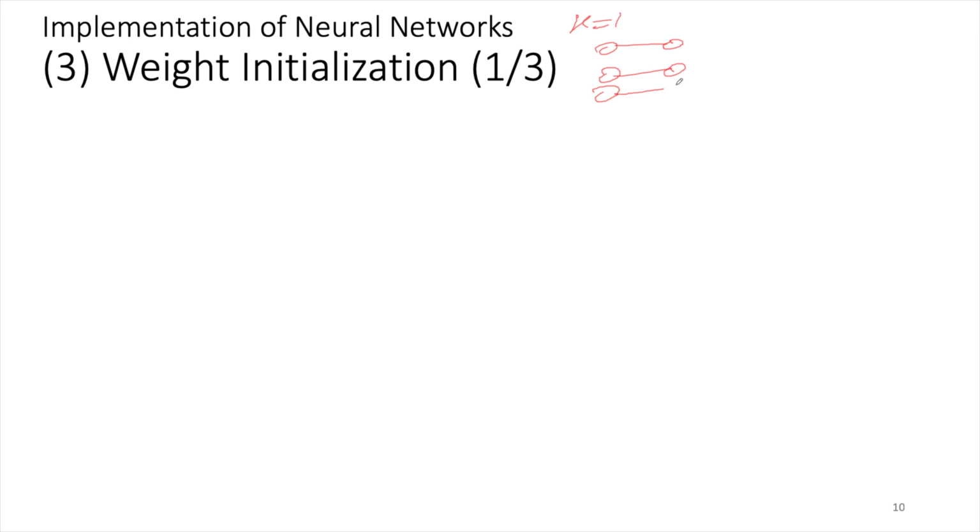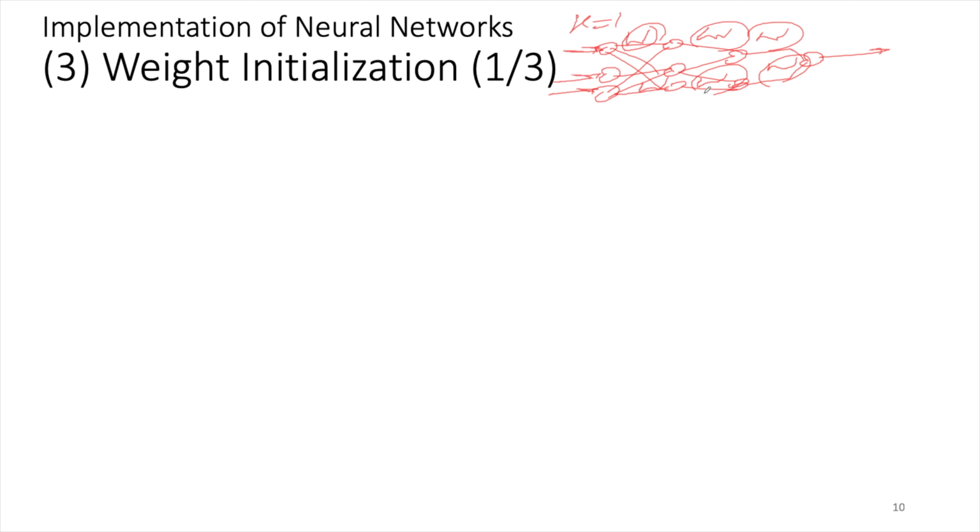You have, say, 3 inputs fully connected, and then you have 2 more, and then you have 1 output finally, right? So these W's haven't been initialized. You only have the inputs. This could be your images, your signals, your text processing, anything. So how are we going to initialize those W's?